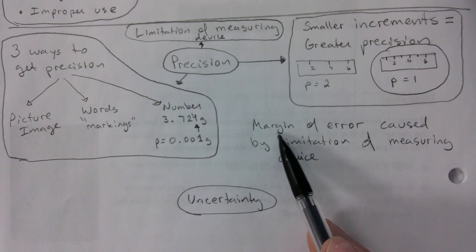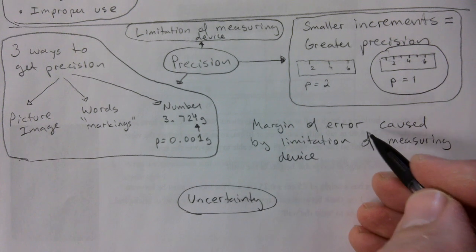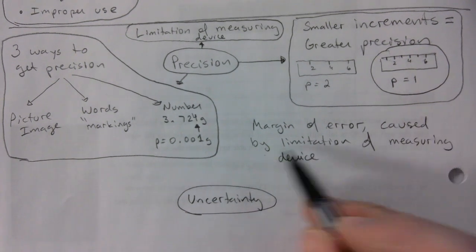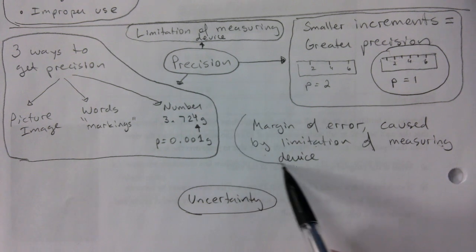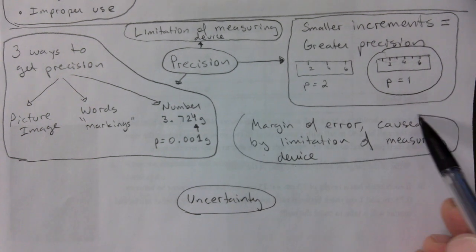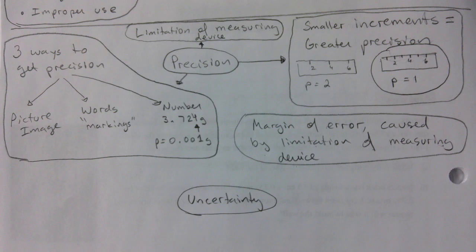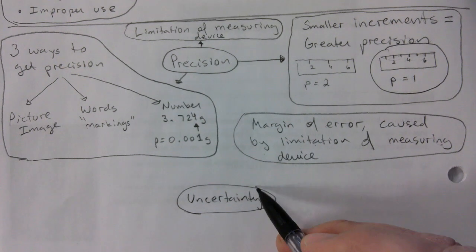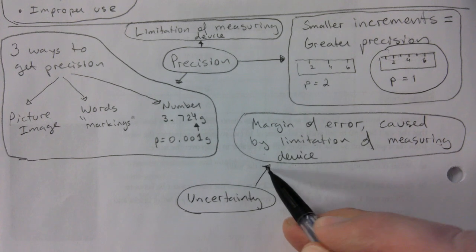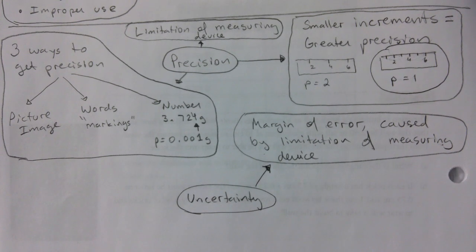It says margin of error, comma, caused by limitation of measuring device. So uncertainty points to that in terms of definition.